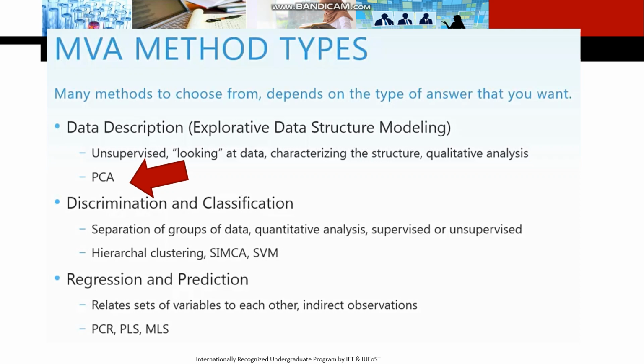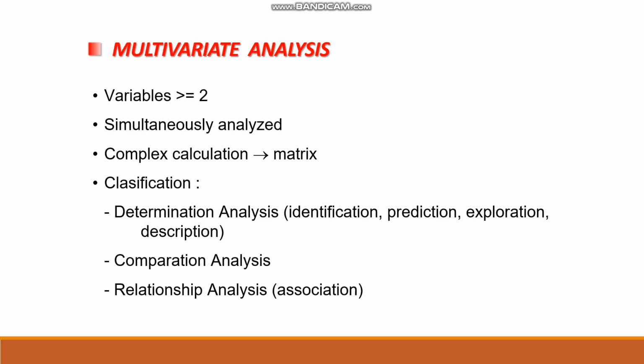Later, multivariate analysis methods can discriminate and do classifications, for example separation of groups of data, quantitative analysis, hierarchical clustering analysis or HCA, and SIMCA, also used for discrimination and classification. And to see the correlations, we can do regressions and predictions like PLS, partial least squares, or MLR, relating to variables or indirect observations.